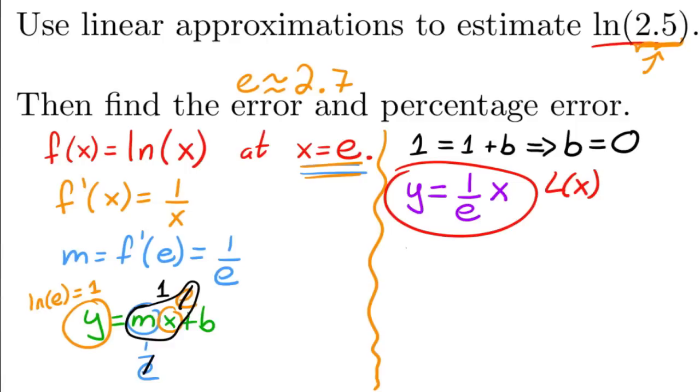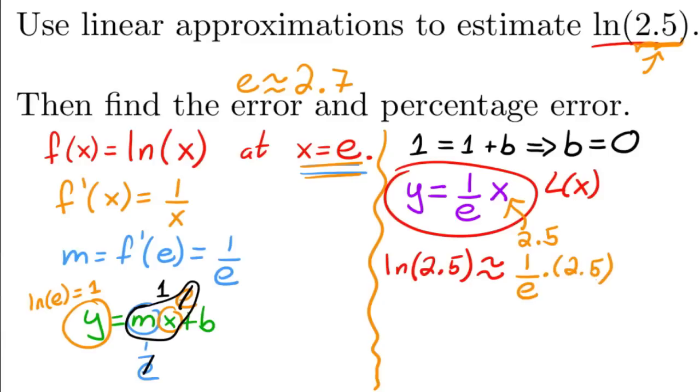Okay, so then the next part is we want to approximate natural log of 2.5. And so we say that natural log of 2.5 is approximately equal to plugging in 2.5 into this function. So I have 1 over e times 2.5.